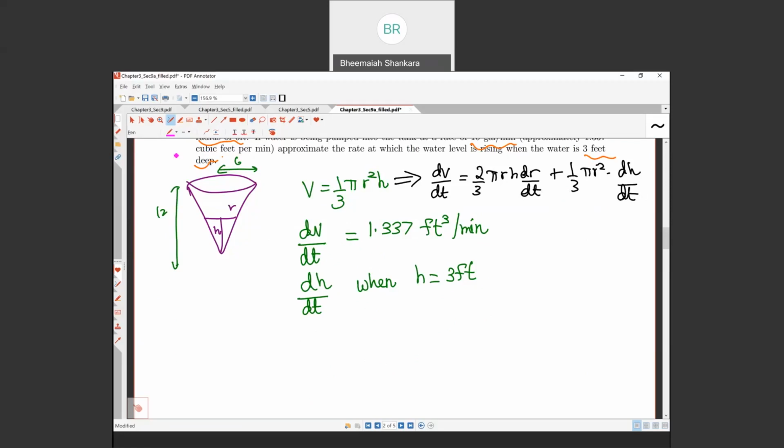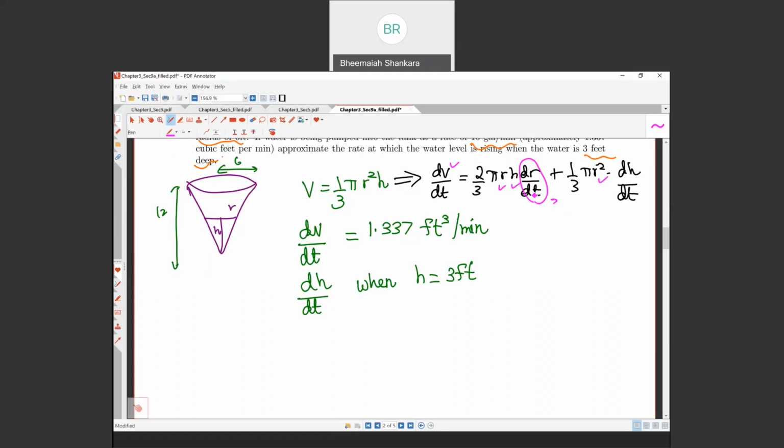So if you differentiate the given expression for volume with respect to t, all you have is this. When it comes to plugging in the values, you will be able to plug in the values for dV over dt, and you have the value for the radius as well as the height. So all these are good. But dr over dt, the rate at which the radius is changing, is not given to us, and we'll not be able to find this either.